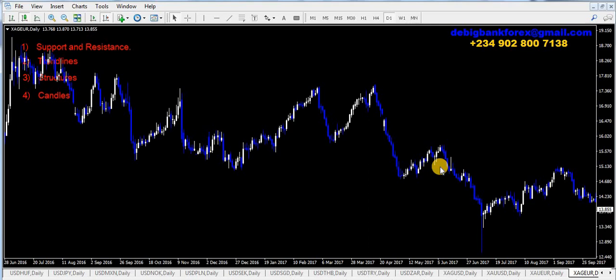But when it comes to me as a trader, me personally, I don't use everything. I'm the kind of trader that just picks a few things that work and uses them to my advantage. There are two structures or patterns that I really use and I think really work, and that's the head and shoulder pattern and the double bottom, double top pattern. Let me put it down for you all so you won't get confused.